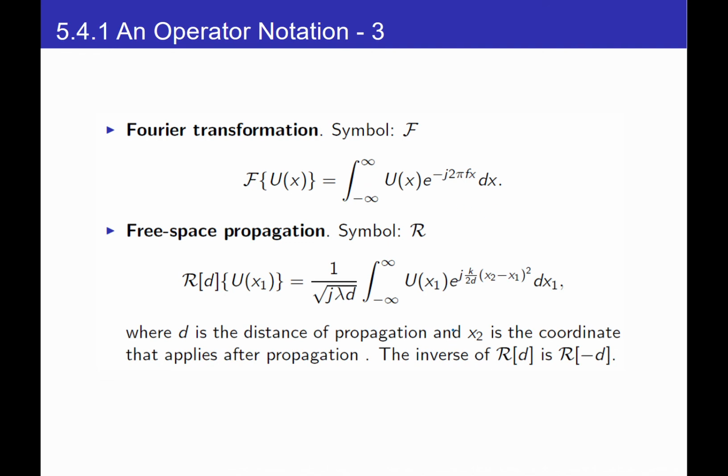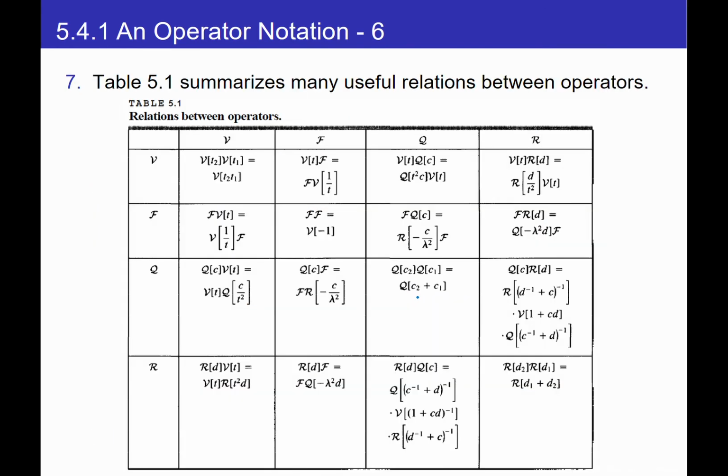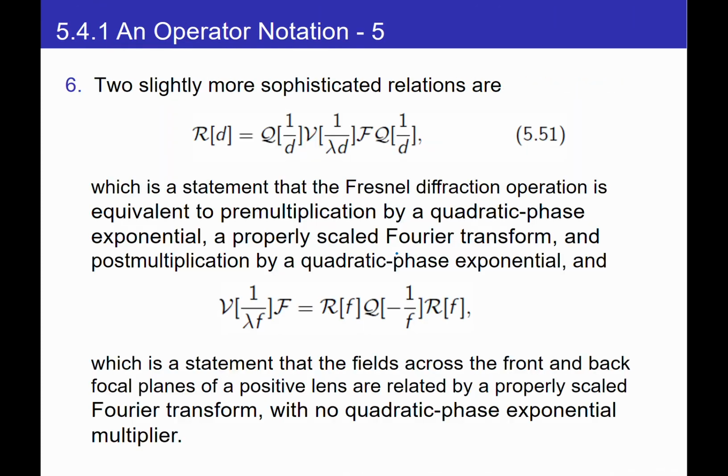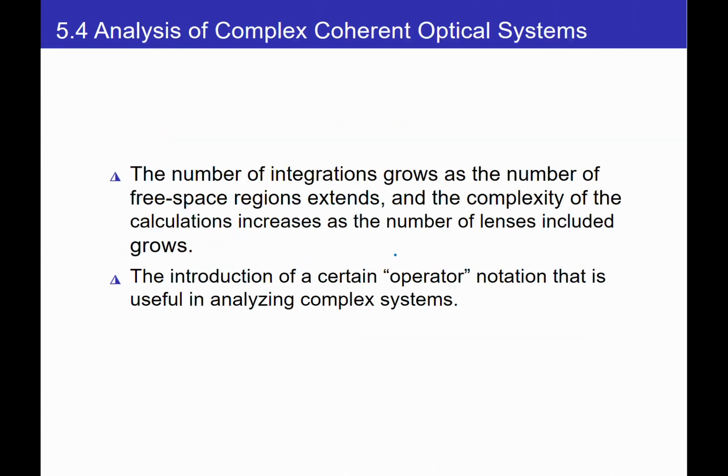Okay. And then by using these operators, we can handle a series of optical systems and do fairly easy calculations, not by tracing how the light field changes at every different optical element. So that's the topic that we are going to talk about in the next class.